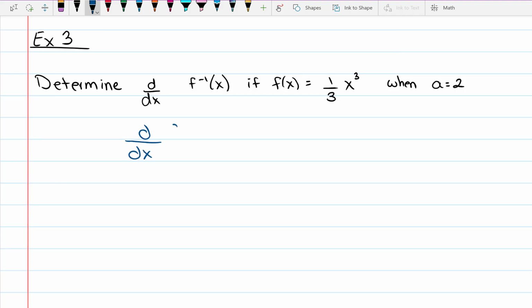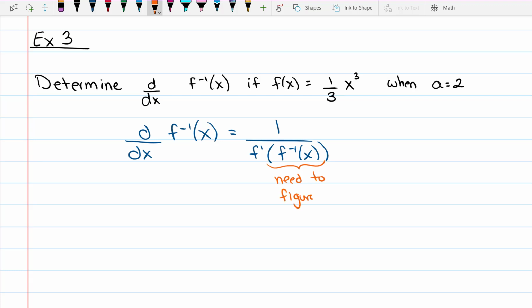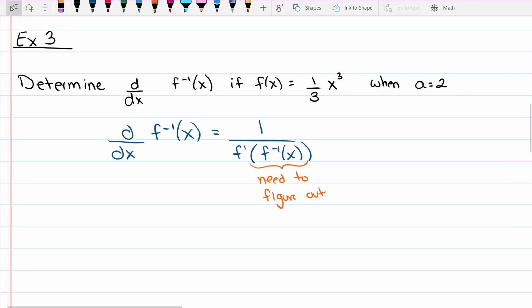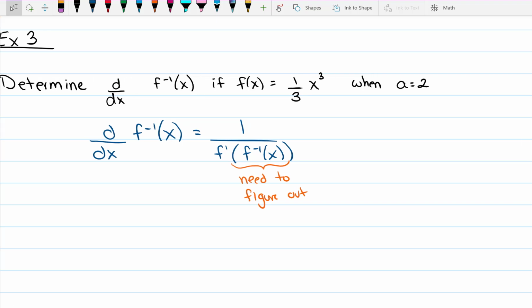The derivative of the inverse is equal to 1 over the derivative of f at a point in the inverse. So this really is what we need to figure out. So let's go ahead and do that.